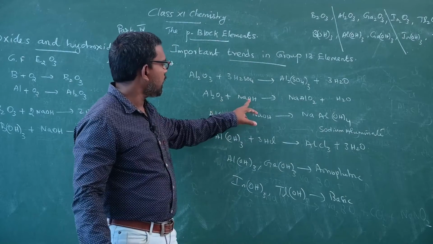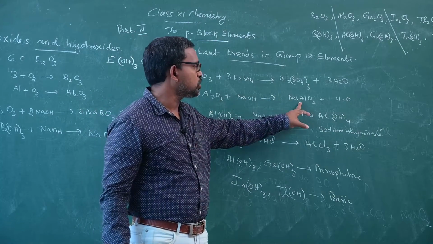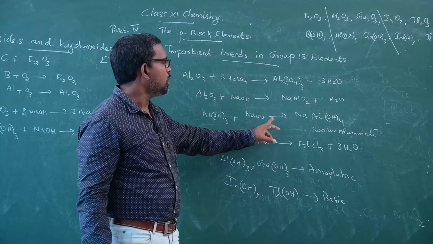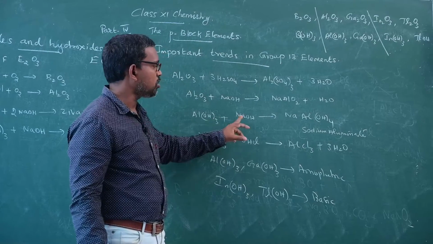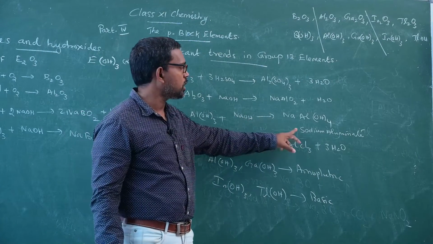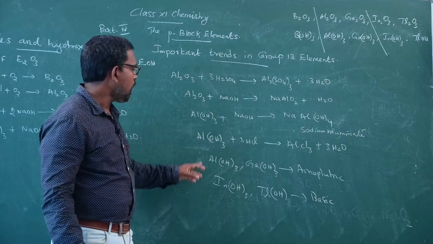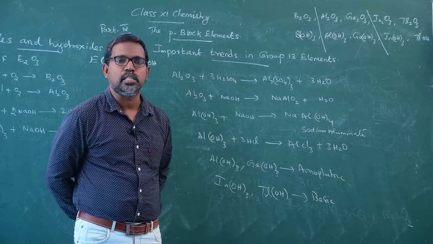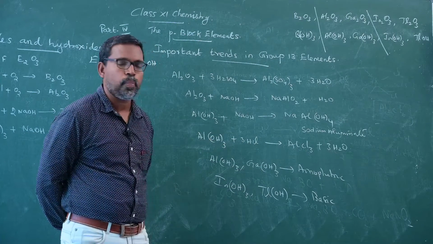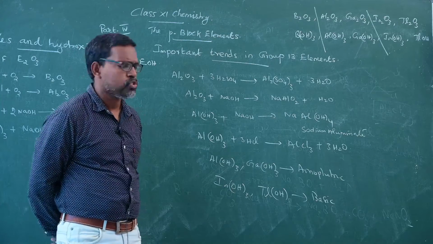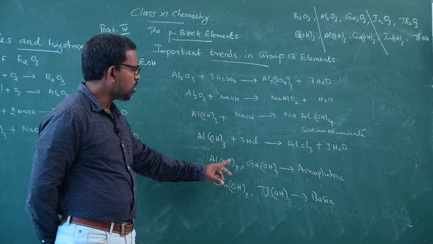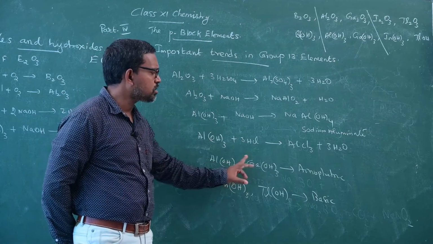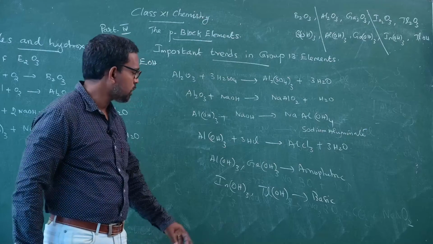Aluminium oxide reacts with sodium hydroxide to give sodium aluminate. Similarly, aluminium hydroxide reacts with sodium hydroxide to give sodium aluminate. Aluminium hydroxide also reacts with hydrochloric acid to give aluminium trichloride. From this we must know that aluminium hydroxide and gallium hydroxide are amphoteric in nature.